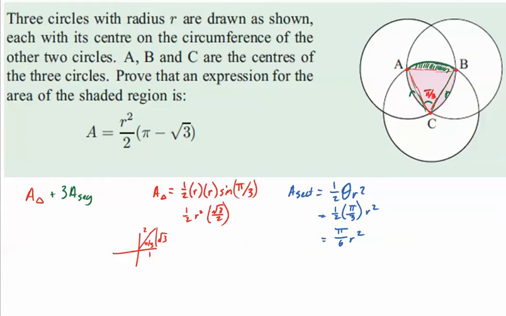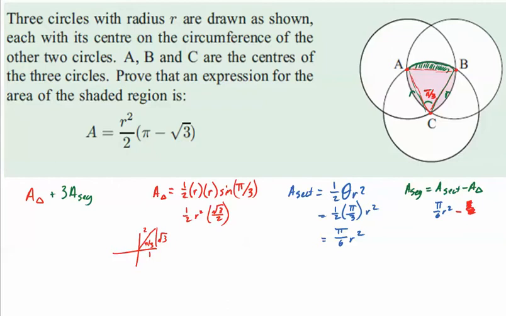So now we'll get the area of a segment. The area of the segment is the area of the sector minus the area of the triangle. So the area of the sector was pi over 6 r squared, and then we go minus the area of the triangle, which was 1/2 times r squared times root 3 over 2, and we'll go ahead and put that together.